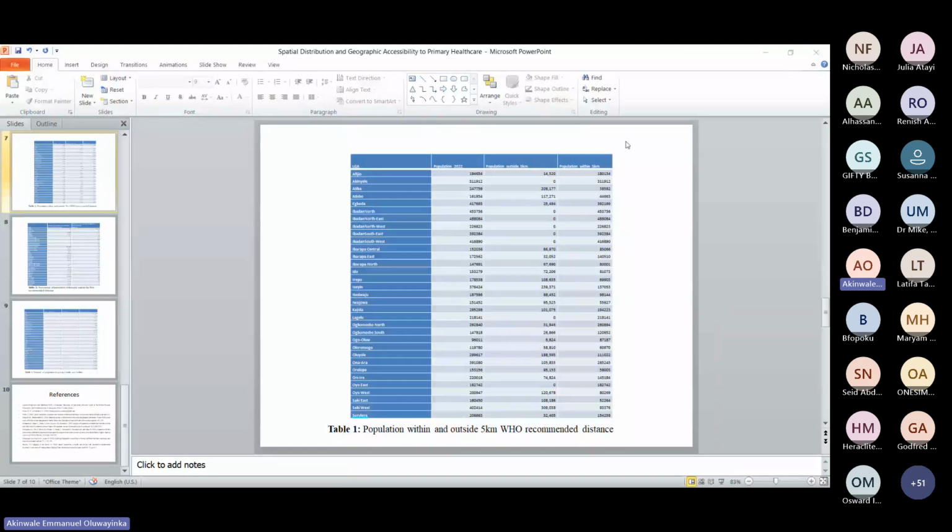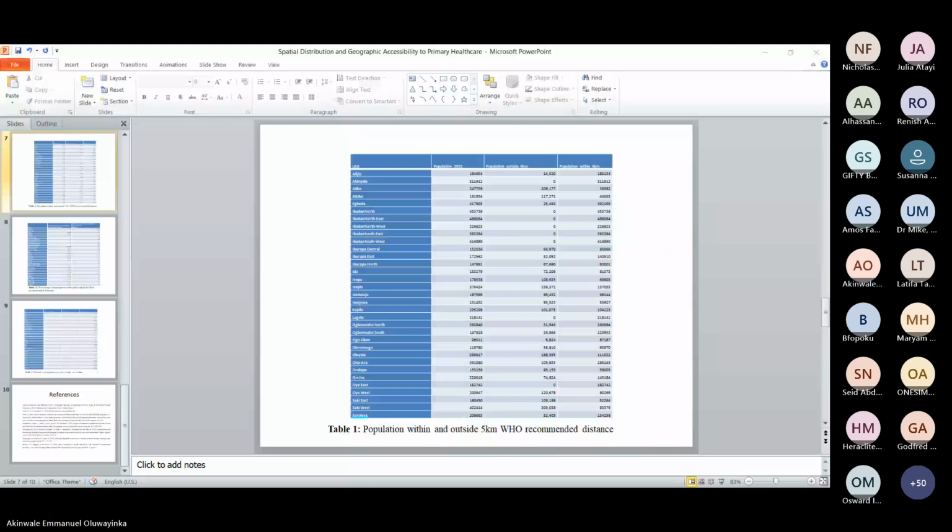This means the government can look into this and create more primary healthcare facilities in this local government. It means primary healthcare facilities in the area are not distributed enough to serve the population, and the government can establish more.